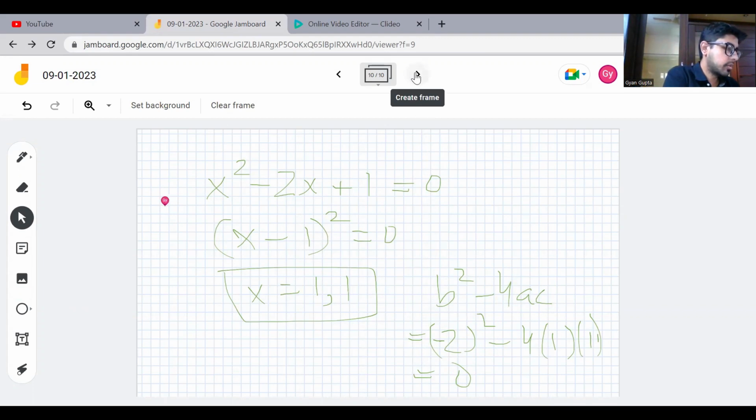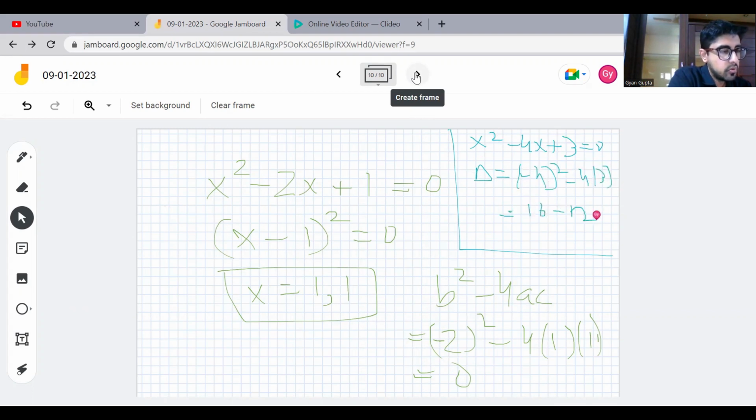Do you remember the quadratic equation that we began the exercise with? x square minus 4x plus 3 is equal to 0. Delta is minus 4 the whole square minus 4 into 3, which will give me 16 minus 12, which is 4, greater than 0. Hence, there are two roots, 1 and 3 for this quadratic equation.